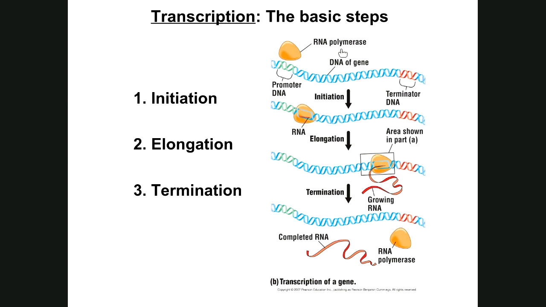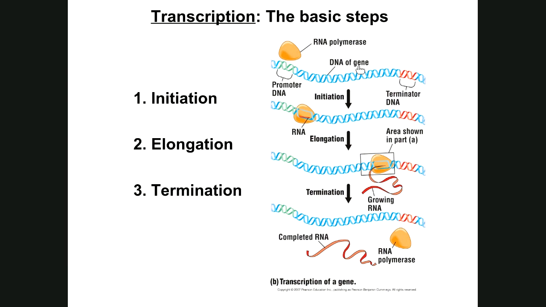RNA polymerase, it doesn't matter if it's prokaryotic RNA polymerase or eukaryotic RNA polymerase, was found not to be able to locate the gene directly. It needs help.